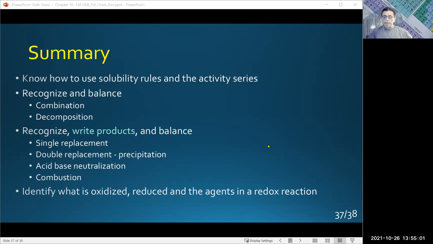And then be able to identify what is oxidized, what is reduced, and their corresponding agents in some type of redox reaction, which is, a lot of these reactions are classified under the overall umbrella of redox reactions.